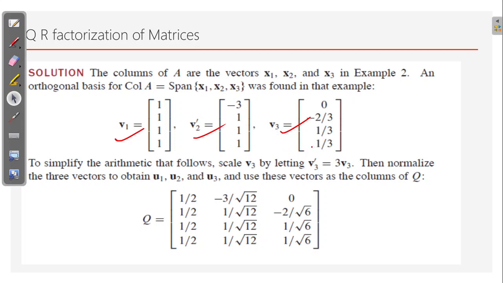Then you will get the orthonormal basis. That you write as the columns of Q. The columns of Q are exactly that. That means Q is equal to this matrix, with entries 1 by 2, 1 by 2, 1 by 2, 1 by 2. So you got Q.